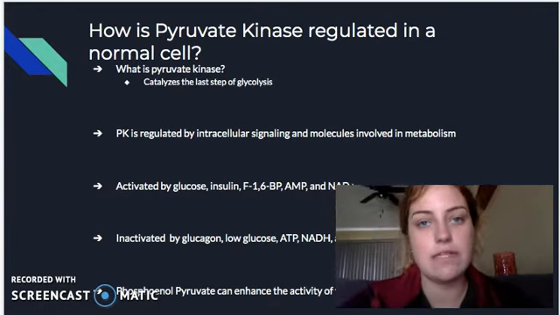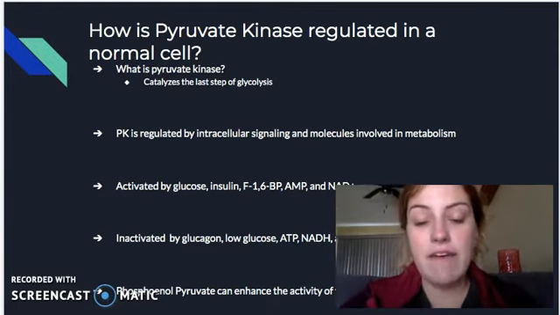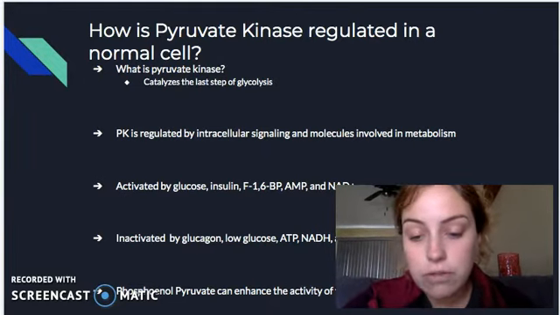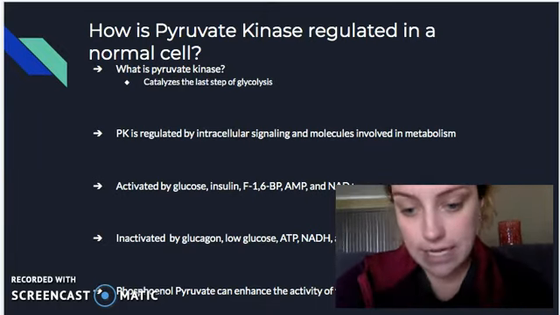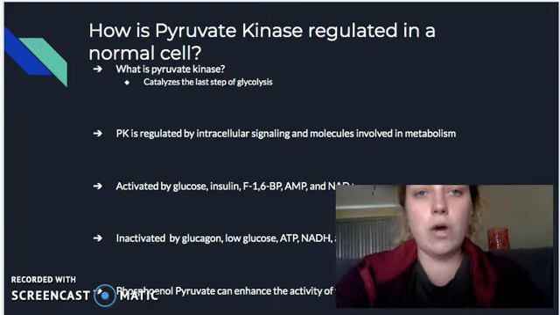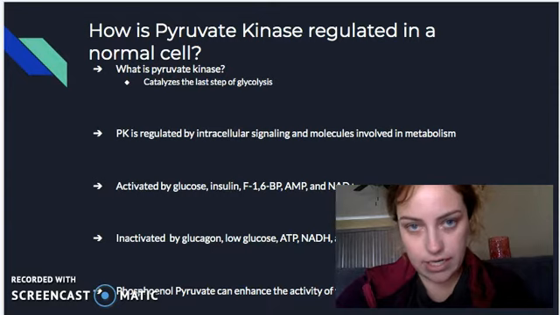Pyruvate kinase is inactivated in the fasting state by low glucose, glucagon, ATP, NADH, and alanine. ATP and pyruvate are negative allosteric inhibitors.